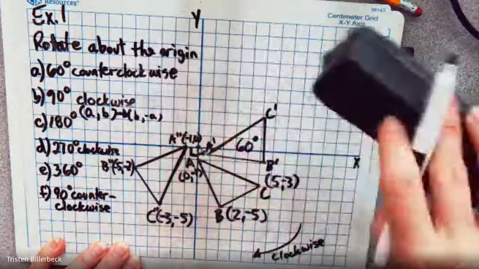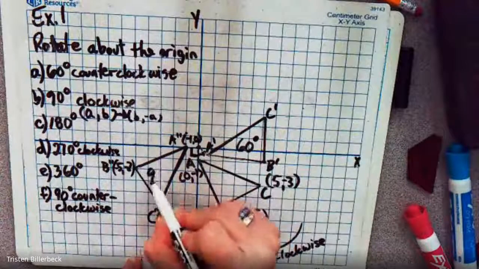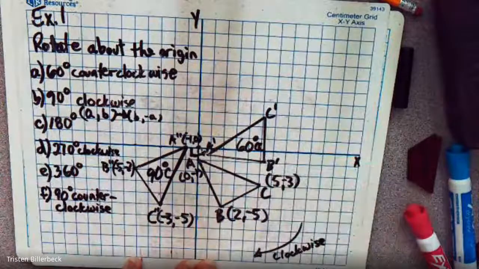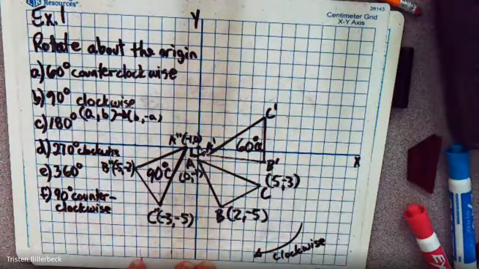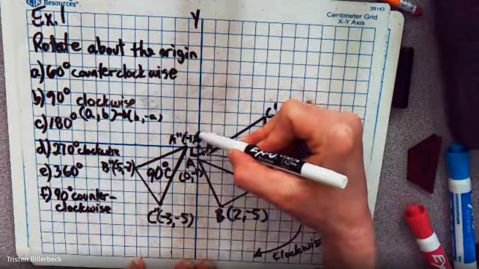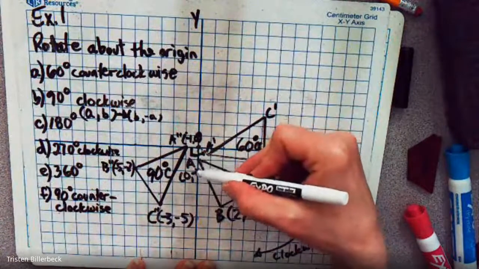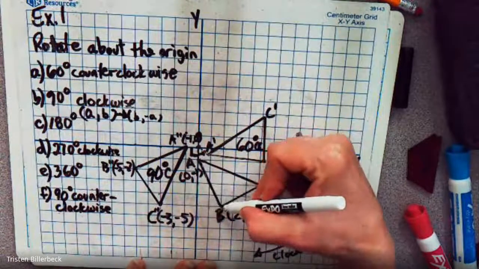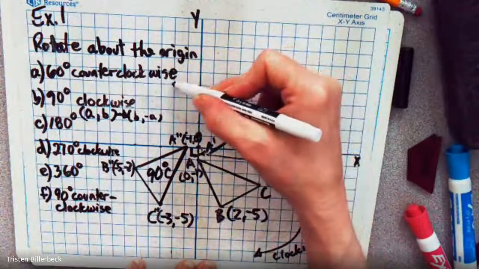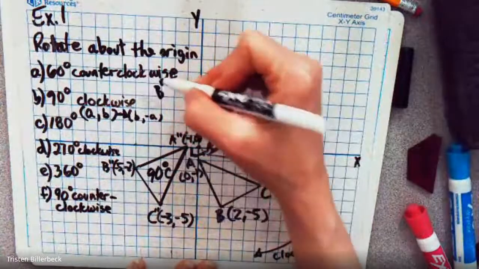All right, so now we're going to try 180. Okay, so this was my 90-degree one, and that's going to be clockwise, and this was counterclockwise. All right, so now if I go 180, well, that's just right here. And this one, 180, we went 1, 2, 3, 4, 5, 1, 2. So that's going to be B triple prime.